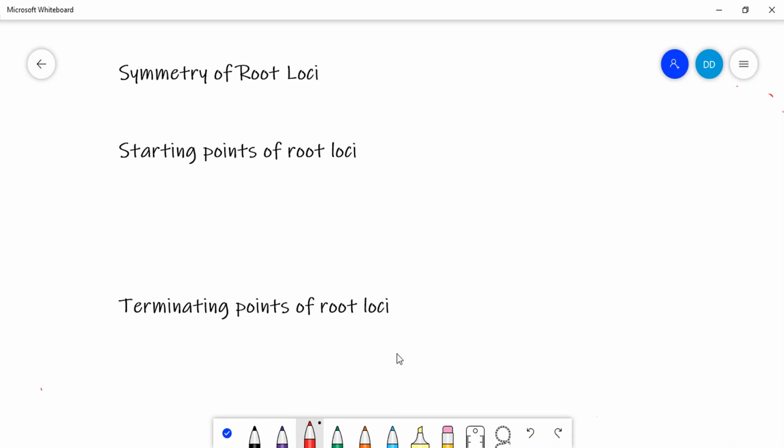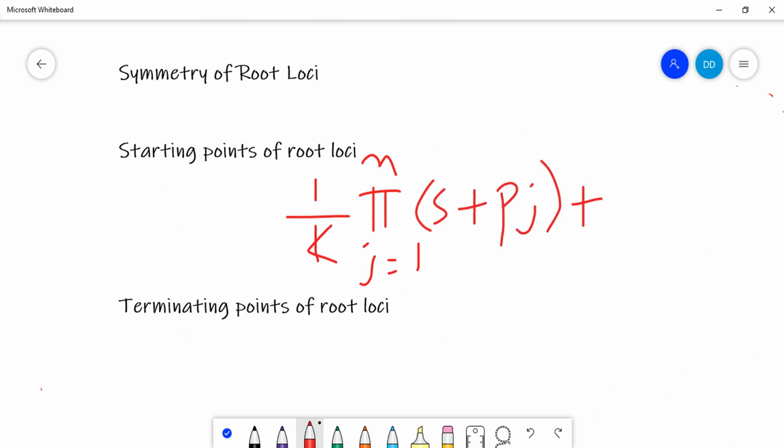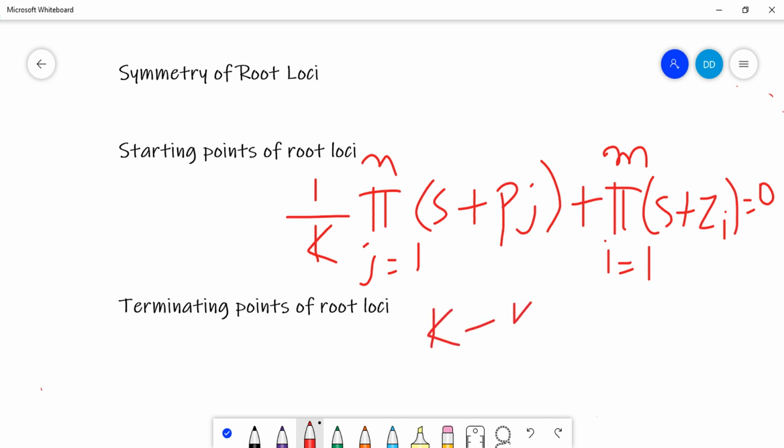The characteristic equation, we can rewrite it as 1 by K times the product over j equal to 1 to n of (s plus pj), plus the product over i from 1 to m of (s plus zi), equal to 0. When we have K equal to infinity, we get s equal to minus zi, where i is 1, 2 up to m.